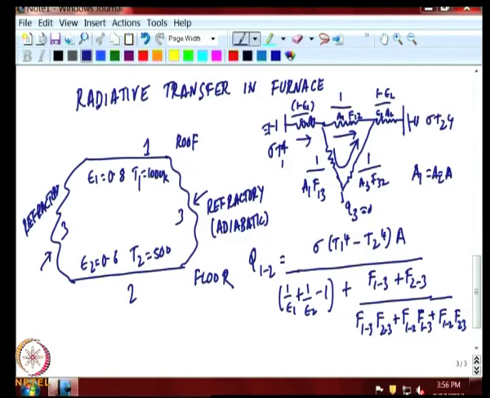And we can substitute numbers and get an answer, which we will do presently, but let us understand what is the role played by the refractory. There are various ways to look at this. Suppose F12 is very small compared to F13. Say 3 is a large refractory area. So, F12 is small compared to F13, that is, F13 and F23 are very large.